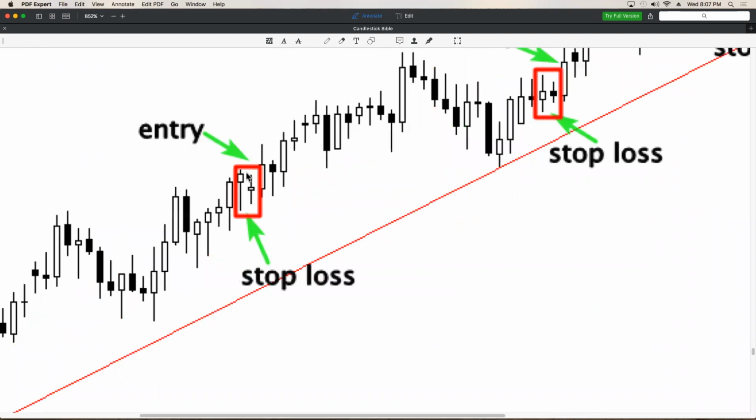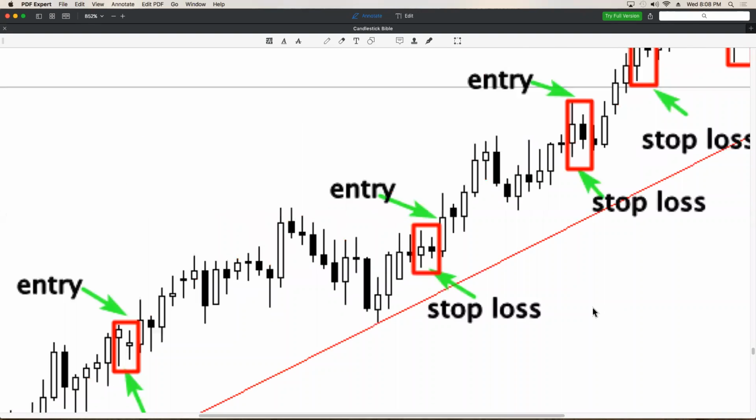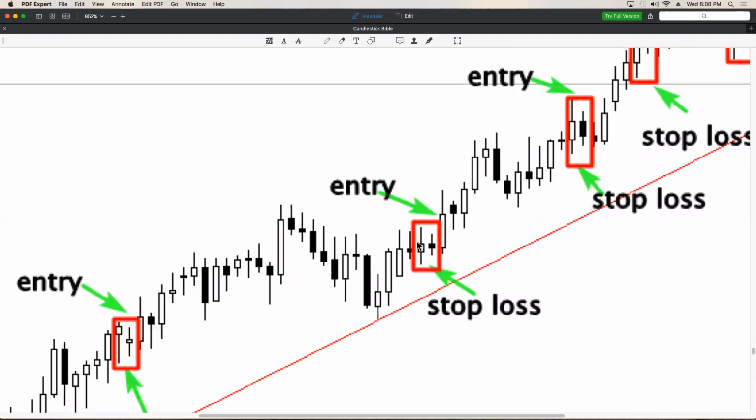Now, what we see is this is the pattern. They say the entry point is the breakout upward. See, if this is the top of the mother here, you enter when it breaks above that point. That's the entry. And then your stop loss is below the mother. Same here. Now this mother, your entry price is when it broke above, it broke out.